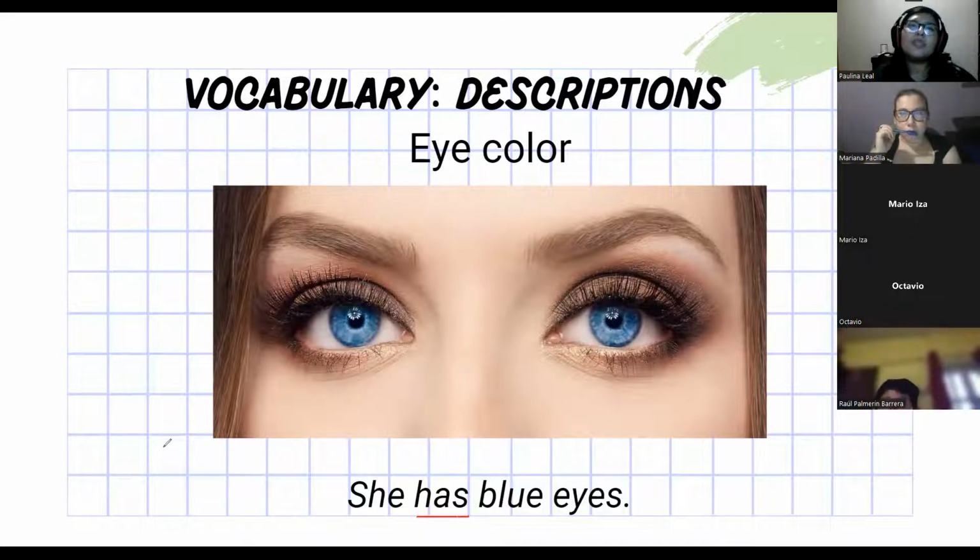Igualito que en español, chicos. ¿Cómo digo yo el color de los ojos de alguien? Tiene ojos azules. Tengo ojos cafés. So it's exactly the same in English. That's why I'm using has. In this case, this woman here has blue eyes.